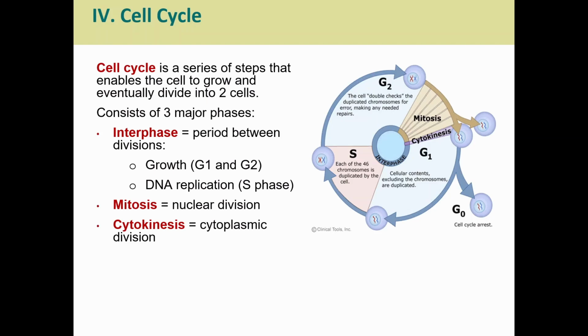However, something like a muscle cell will go through interphase and mitosis, but it'll actually bypass cytokinesis several times before finally going through that. So there's differences in how the cell cycle is run depending on what type of cell we're looking at. But in general, cells will follow these three phases, and most of their time will be spent in interphase.